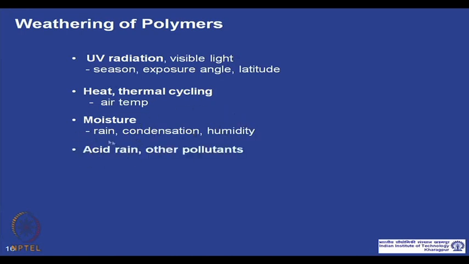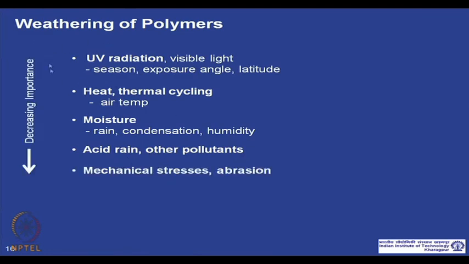It will also depend upon acid rain and other pollutants. So, all these things contribute to the weathering of polymers to different extents. For example, UV radiation is the most important parameter responsible for weathering of polymer. So, the decreasing importance is this way.